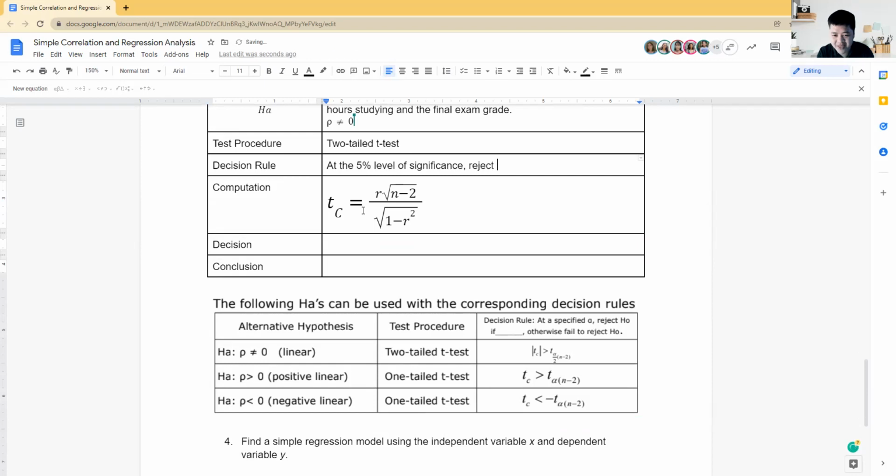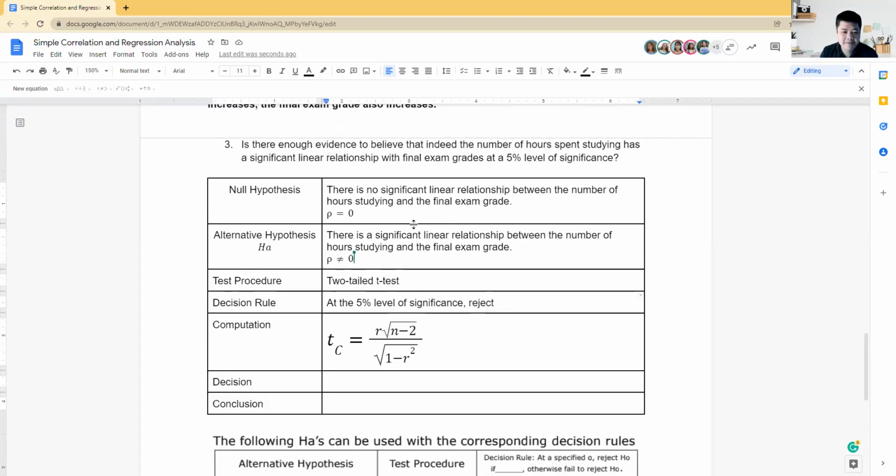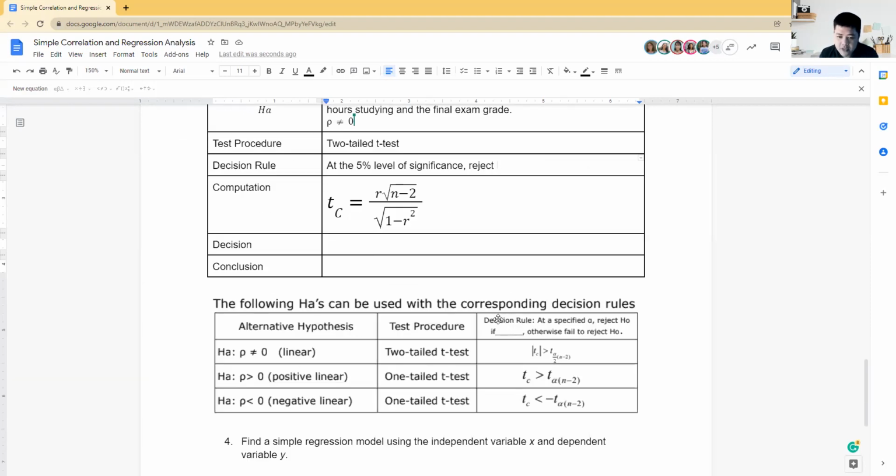Sige, kindly complete this. Aside from Aldea, who would like to complete the decision rule at the 5% level of significance, reject. So, kailangan nyo lang i-follow to.